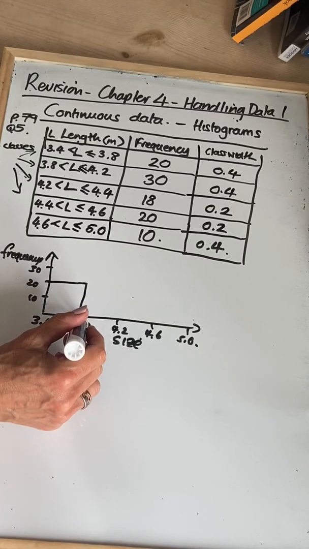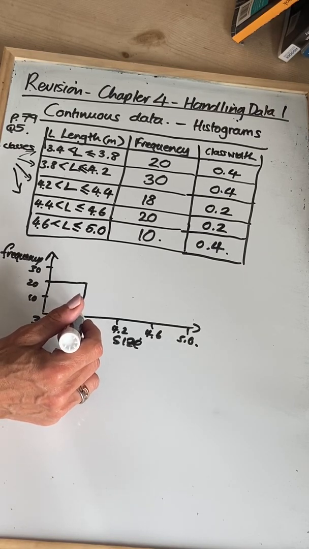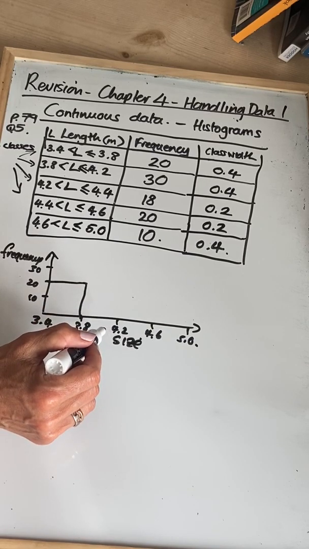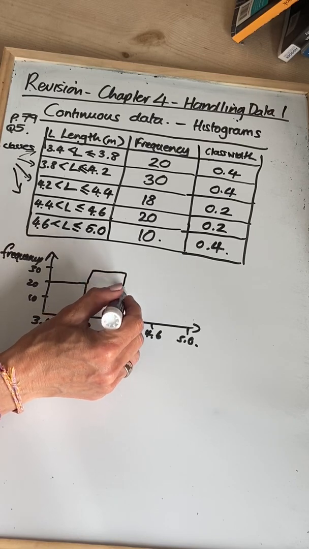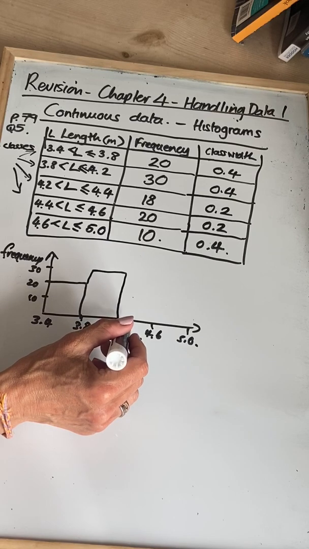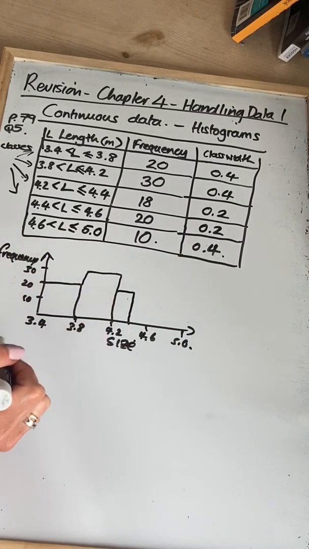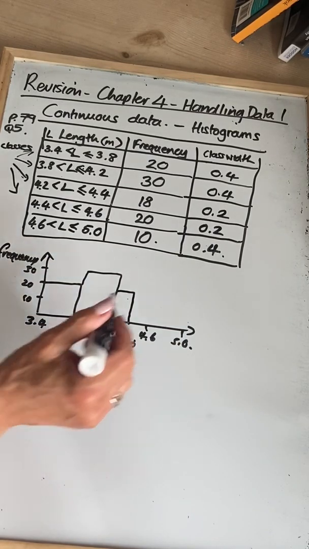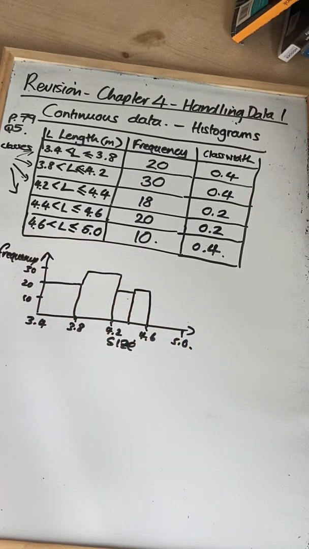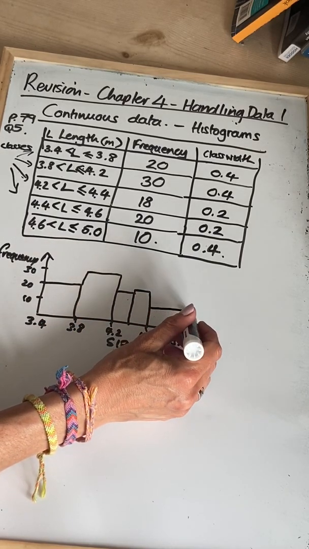My bars will touch each other because this is continuous data. So we go straight from one class to the next. 3.8 to 4.2, I've got 30 in there. My 4.2 to 4.4, I've got 18, so that goes just halfway across there, a bit lower. 4.4 to 4.6 goes up to 20. And my last category, 4.6 to 5, goes across, that's at 10.